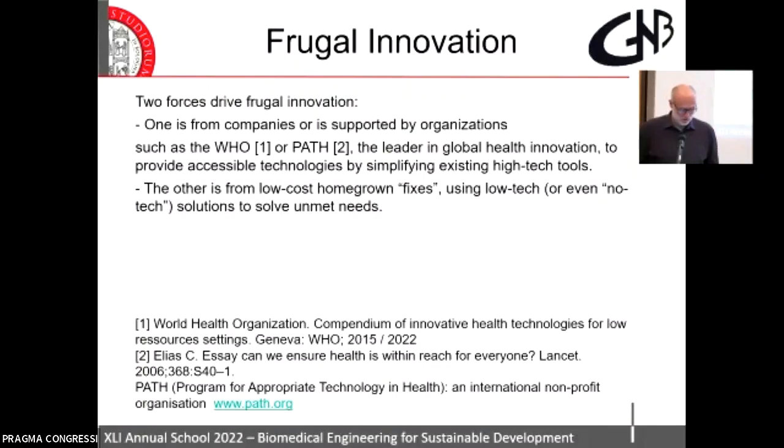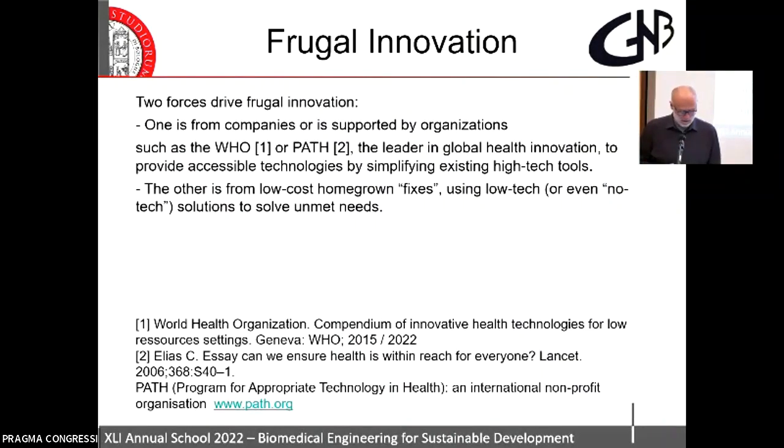About WHO, the compendium of innovative health technologies that Leandro mentioned yesterday is a very nice collection of solutions, and many of them can be considered frugal innovation solutions. I had the 2015 edition, and this year we have the new one.